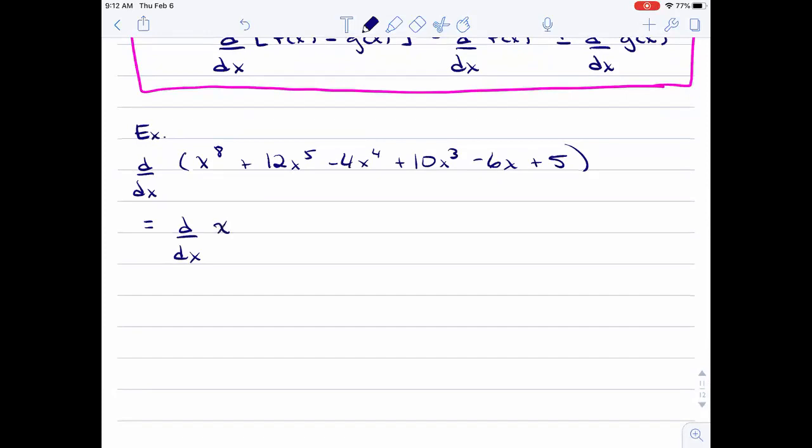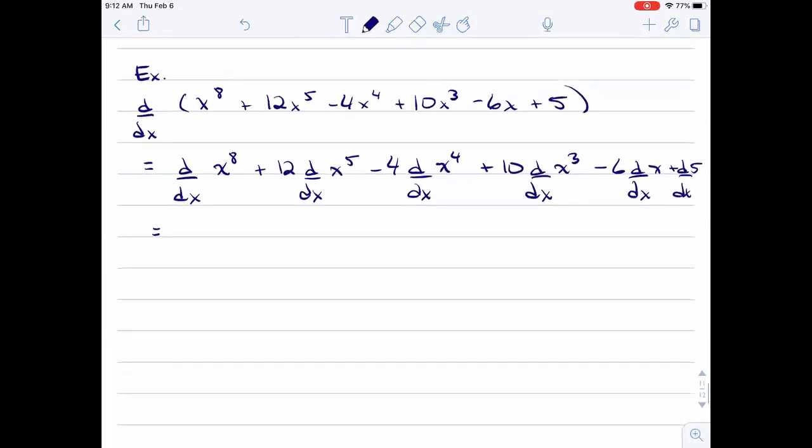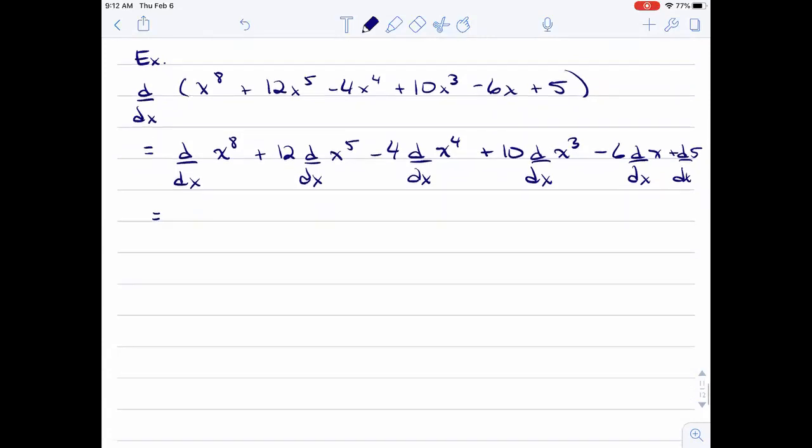So d dx of x to the 8 plus 12 d dx of x to the 5 minus 4 d dx of x to the 4 plus 10 d dx of x to the 3 minus 6 d dx of x plus d dx of 5. That 5 we know is going to go away, right? The derivative of a constant is 0. And even the derivative of x with respect to x goes to 1. So we're going to lose a lot of these terms, or at least one.